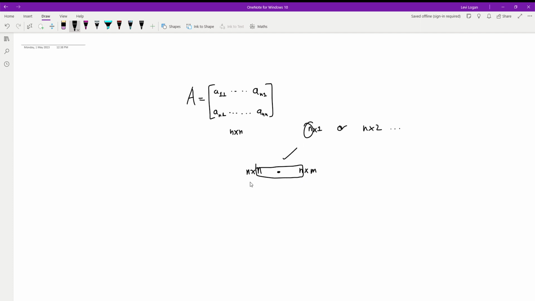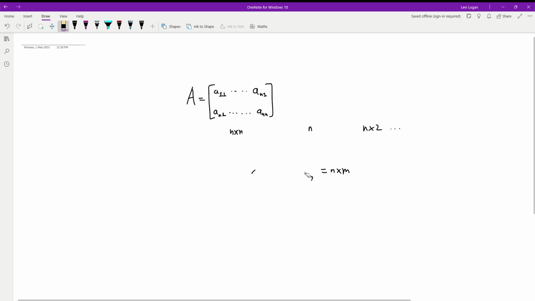And the product will be an n by m matrix.